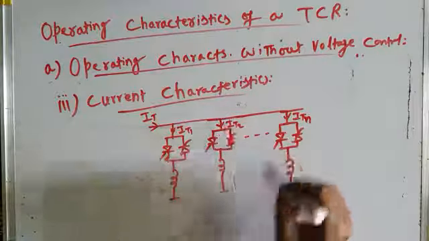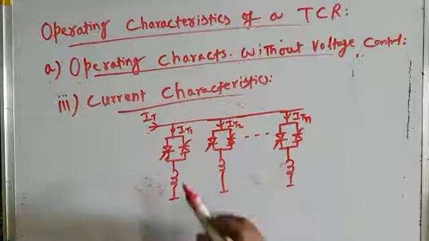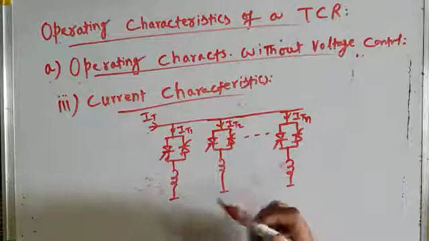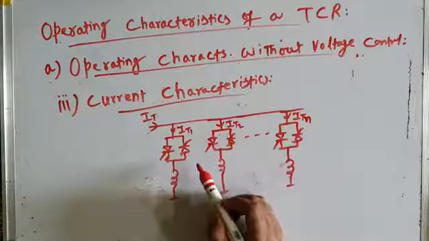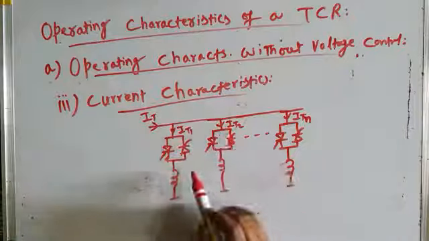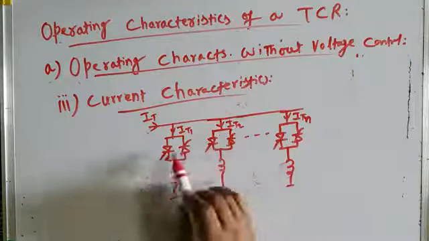Why do we want to find these branch currents? Because of two reasons. Number one, if you know the branch currents, you will easily be able to know how much reactive power is being absorbed for a given delay angle by each branch, by each TCR. And secondly, if you know these branch currents, you can easily find the current ratings of these SCRs, thyristors.